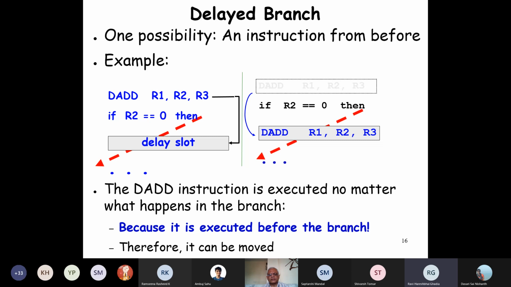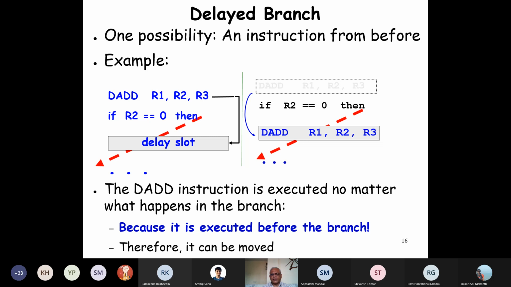Sir, if there is a data dependency between the branch instruction and some previous instruction. Okay, yes. So if the branch instruction is affected by the result produced by the previous instruction, we cannot move it. Okay, yes. I think that's more acceptable. So Ravi, thank you. So we cannot move.